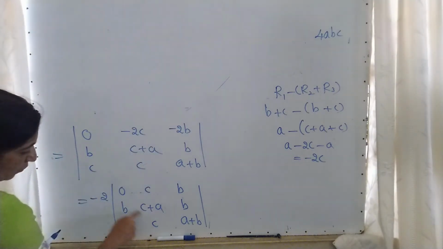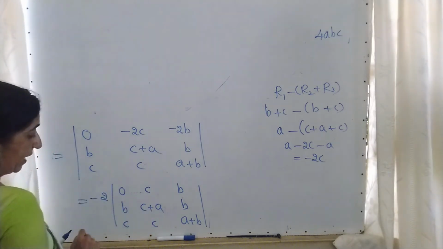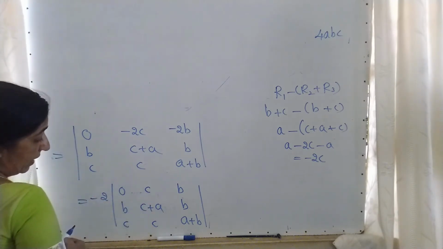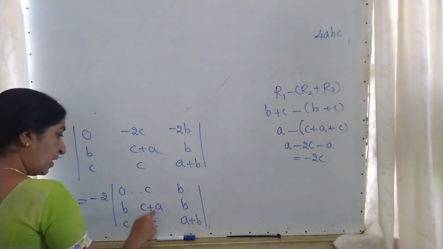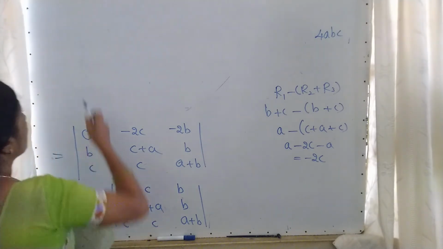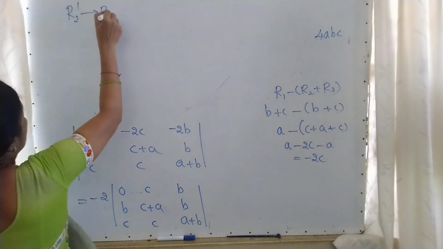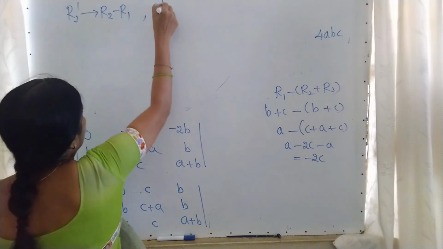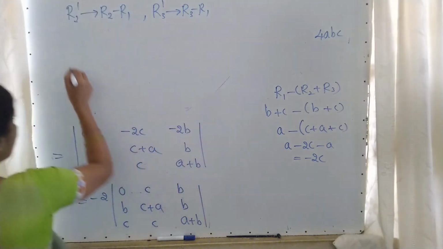If you take C2 minus C1, you get 0 here, but the terms become complicated. If you take R2 minus R1, you are getting a 0 element, yes. And if you go for R2 minus R1, R3 minus R1. The operation is R2 dash as R2 minus R1 and R3 dash as R3 minus R1.